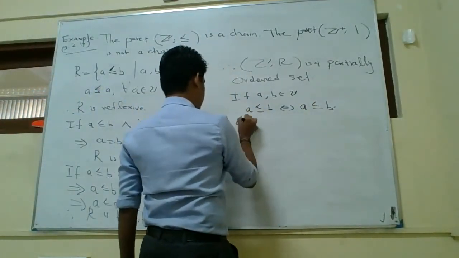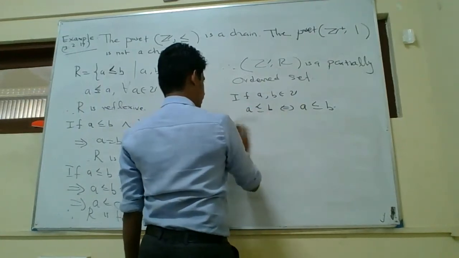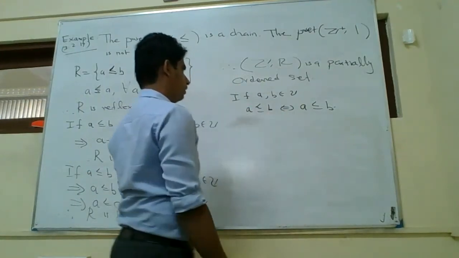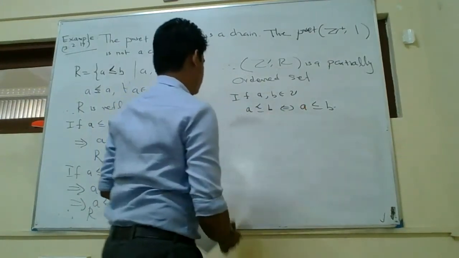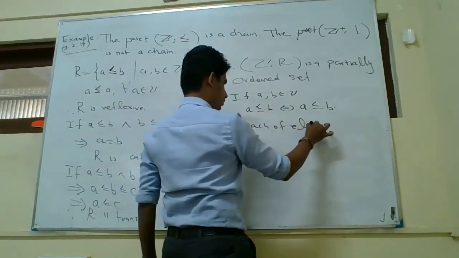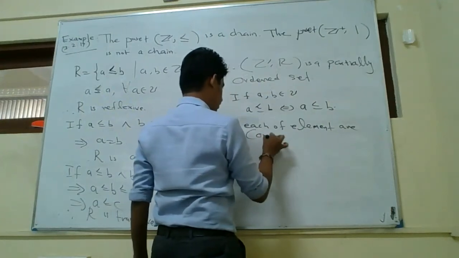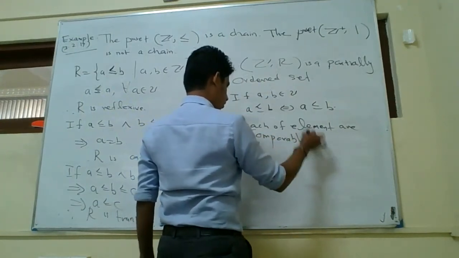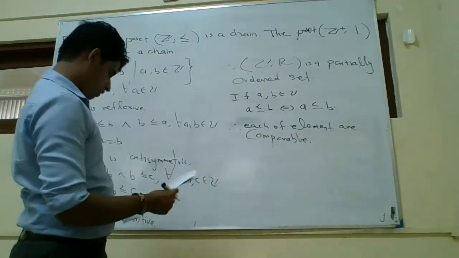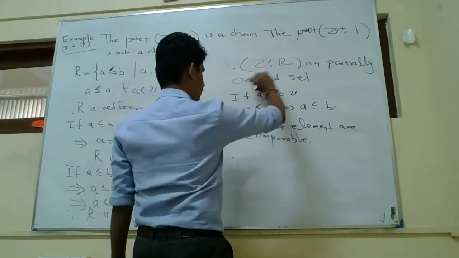A related to B. Each of the elements are comparable. Therefore, each of the elements are comparable. Okay, comparable. Therefore, the elements are comparable and it is a partially ordered set.